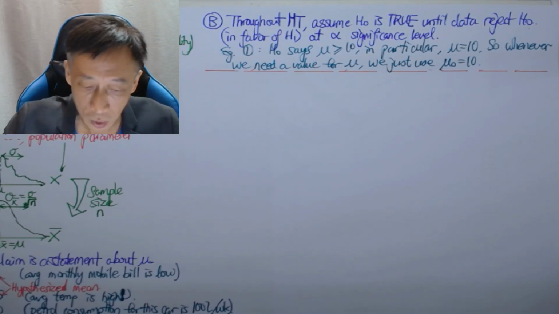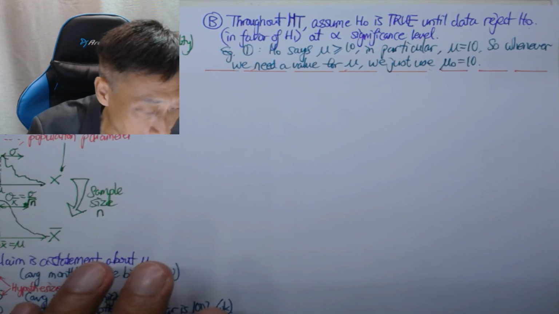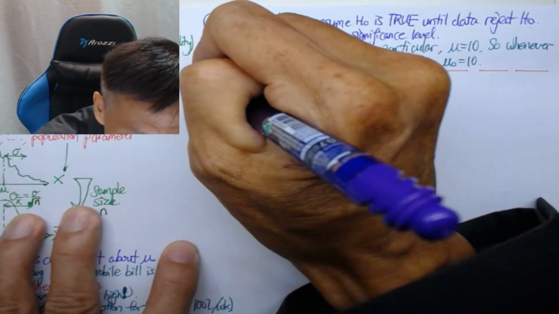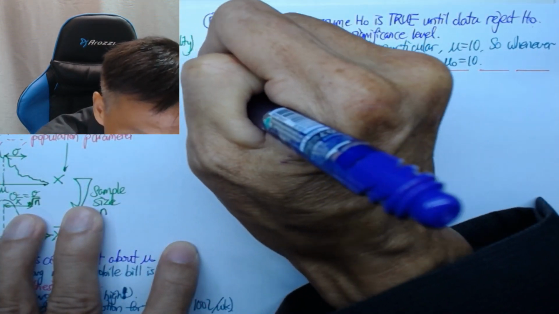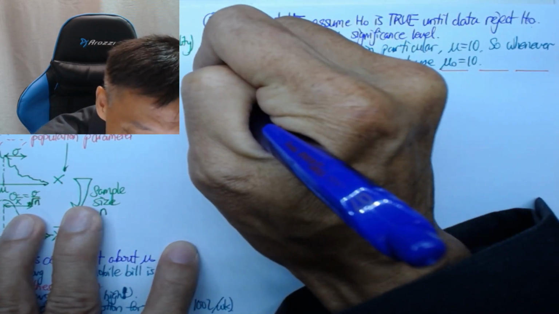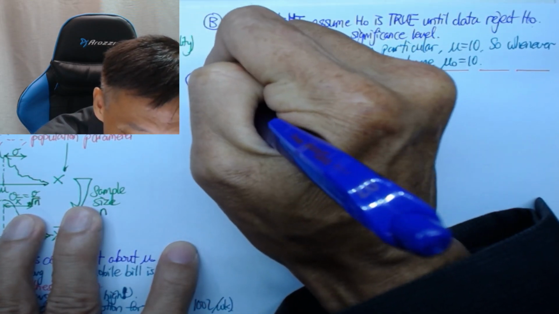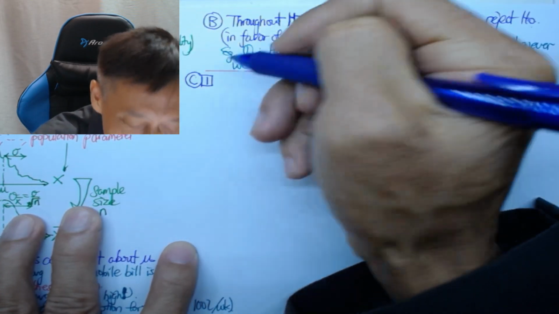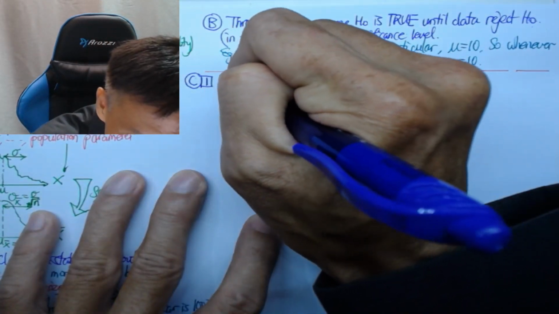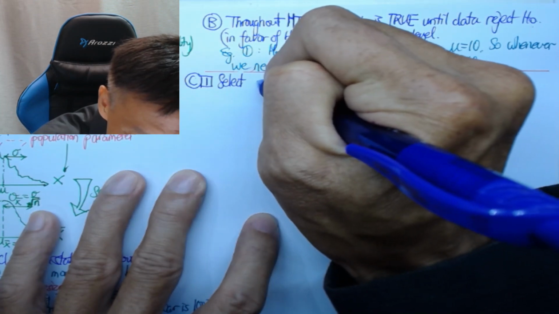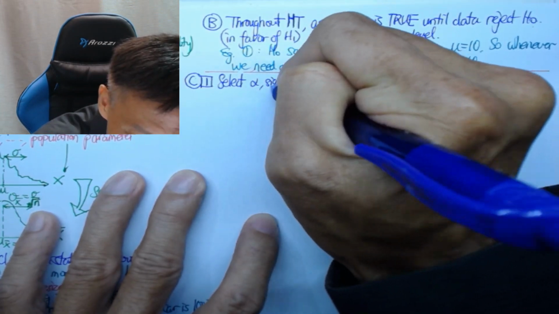Okay, next we want to talk about part C, the calculation steps. So C, right, we want to talk about C part 1. C part 1 is to select the significance value.